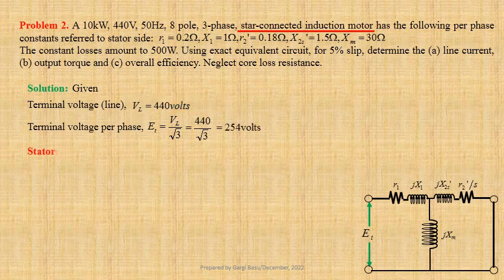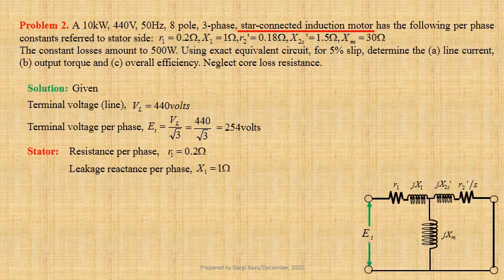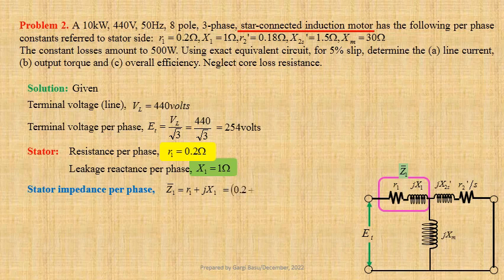For stator winding, given resistance per phase R1 equals 0.2 ohm and leakage reactance per phase X1 equals 1 ohm. Expression for stator impedance per phase Z1 equals R1 plus jX1 equals 0.2 plus j1 ohm.